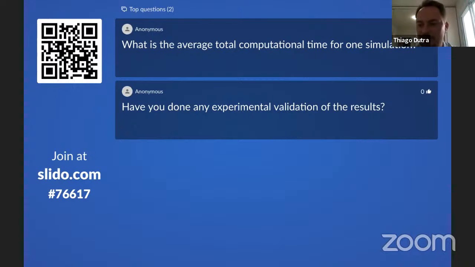I have a question as well on this same subject. Did you perform any grid independence test on these different sizes of meshes? Well, let's say yes.